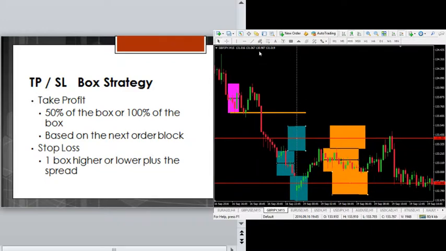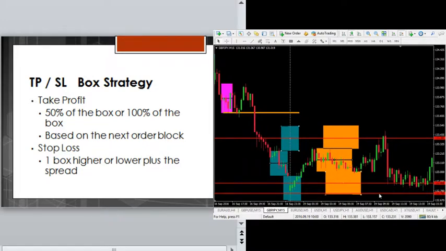Okay, so here we have almost 100% of the box. And then it went up here. I'm going to plot that. Rather, I would choose to use a trend line for better reference.